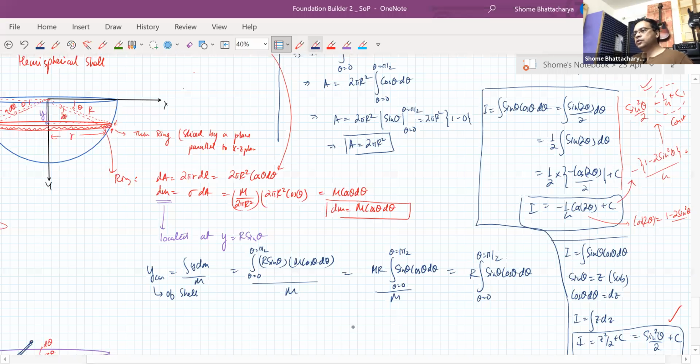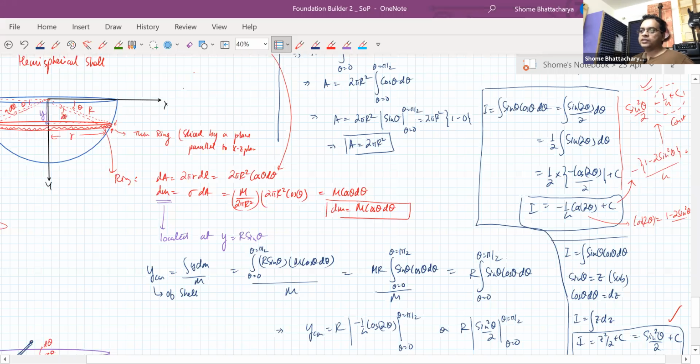So next step, you can write y_cm as R into, you can either write it in terms of this integral, minus 1 by 4 cos 2 theta, evaluated from the limits 0 to pi by 2, or you can also express the integral as this one, which is sine square theta by 2, evaluated from theta equal to 0 to theta equal to pi by 2.